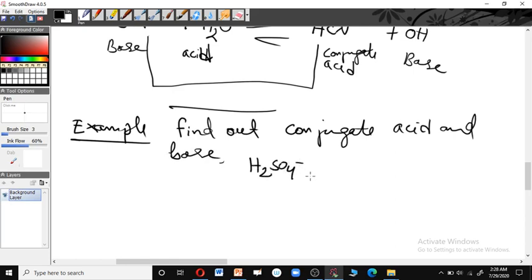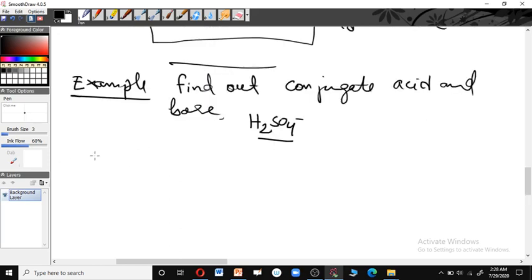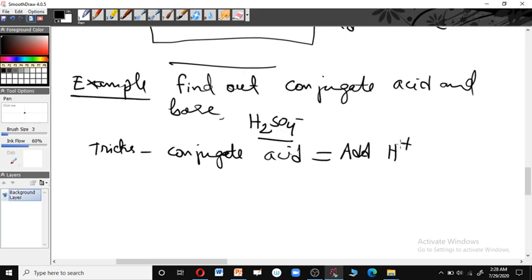You have to go through some reaction, but the trick to get the conjugate acid is this: if you add 1 extra H plus to the given compound, you get the conjugate acid.